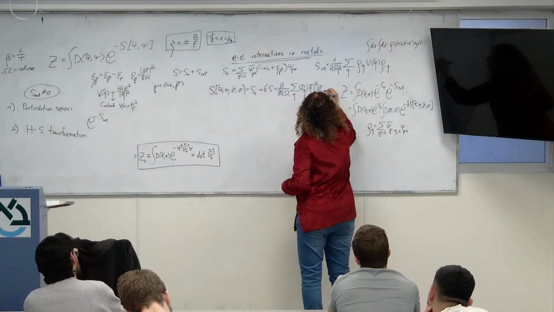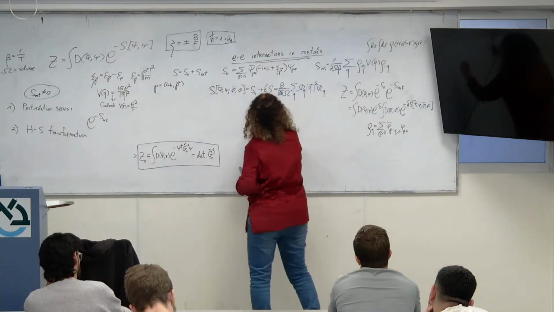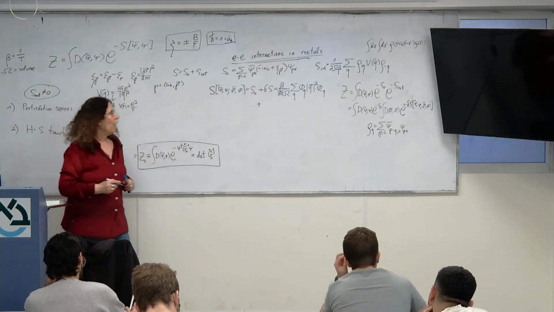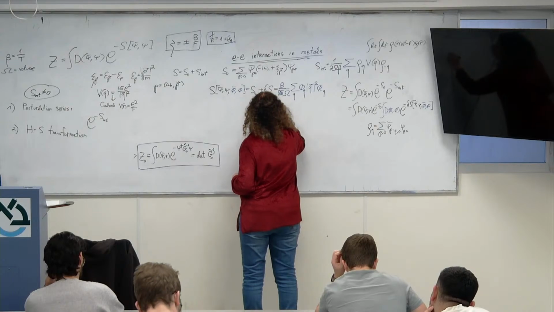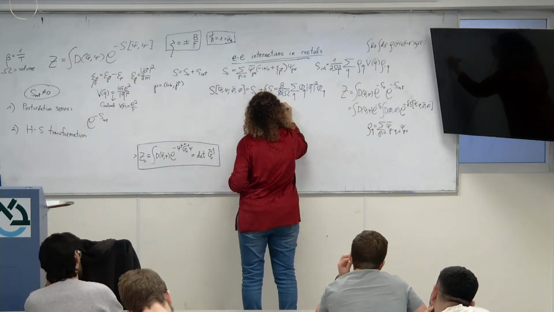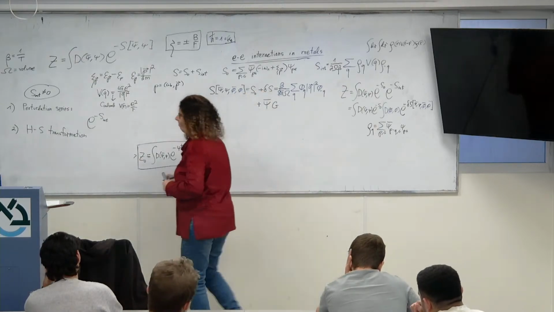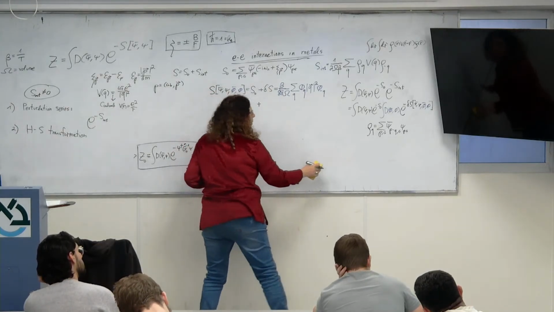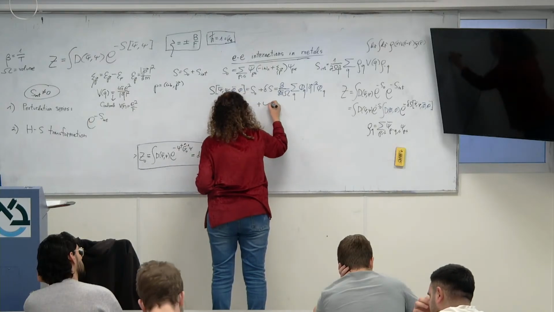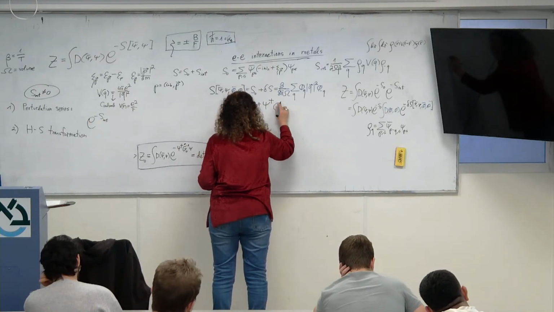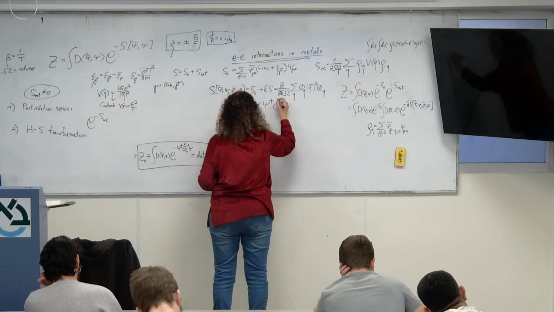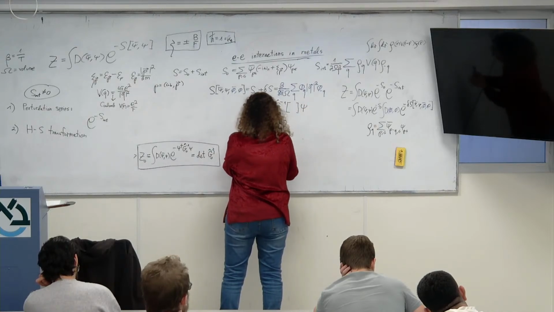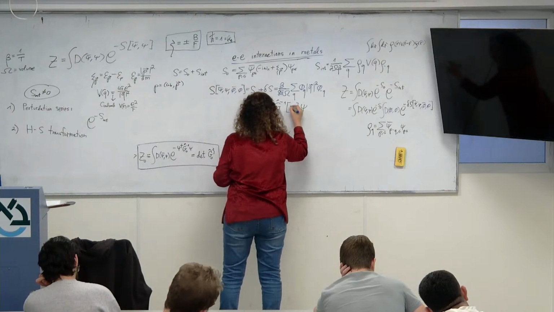phi minus Q. Plus now I have a term that is quadratic in the fermions, and it has the form of psi bar, psi dagger, because I'm writing it here implicitly as a matrix. So I can write it as G to the minus 1 psi, where this G depends on phi.